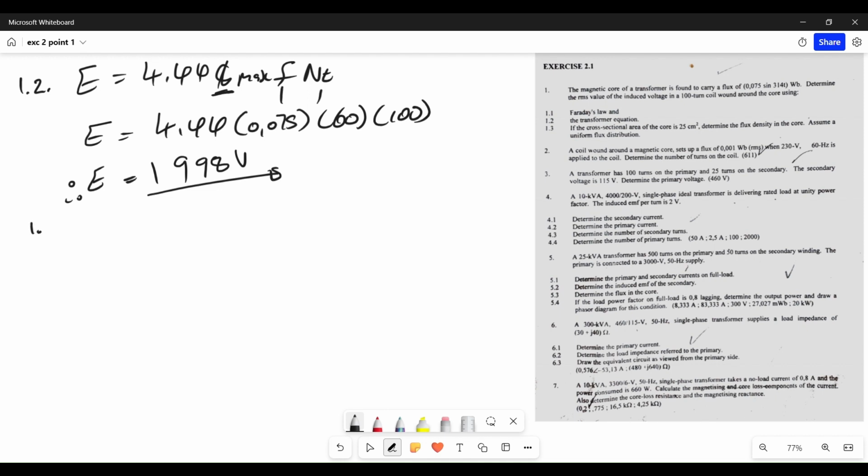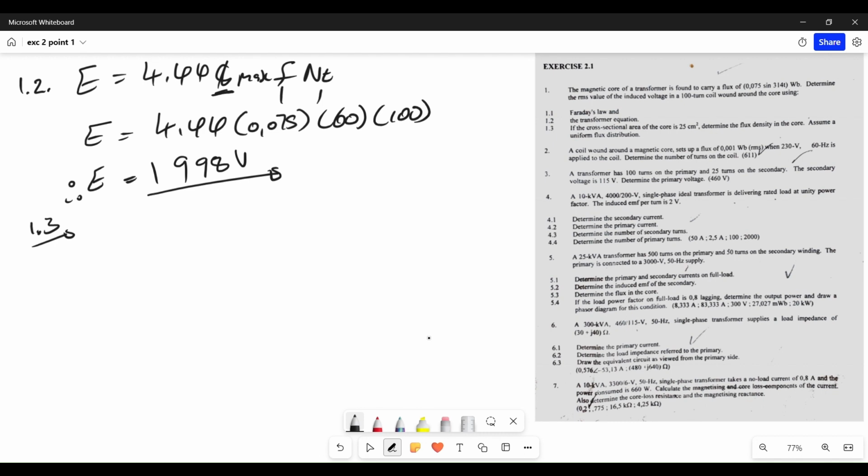Okay, so 1.3, it says if the cross-sectional area of the core is 25 centimeters squared, determine the flux density in the core, assuming uniform flux distribution.